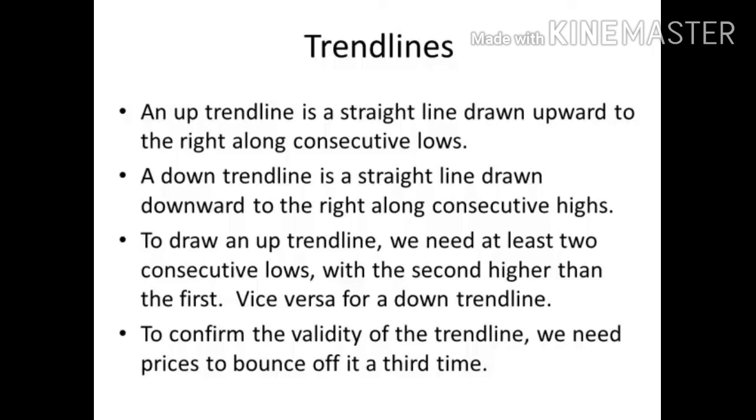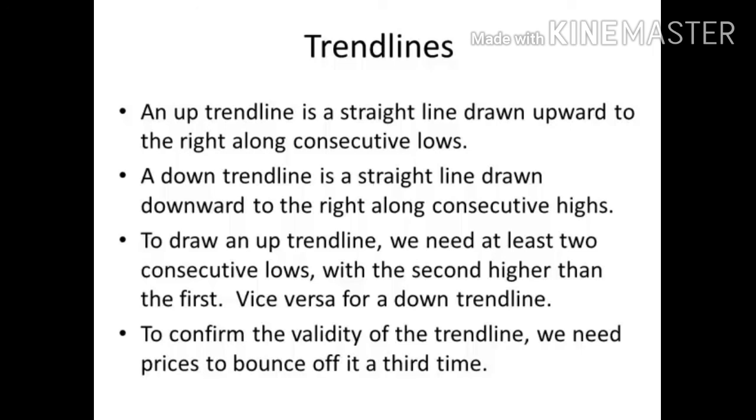Now we will go back and look at the example in a couple of slides to see how it works. But first, let's think about it conceptually. So we have a series of lows that keep getting higher, and we draw a line along these lows, and that becomes our uptrend line. Likewise, a downtrend line is the same thing, but of course in the opposite direction.